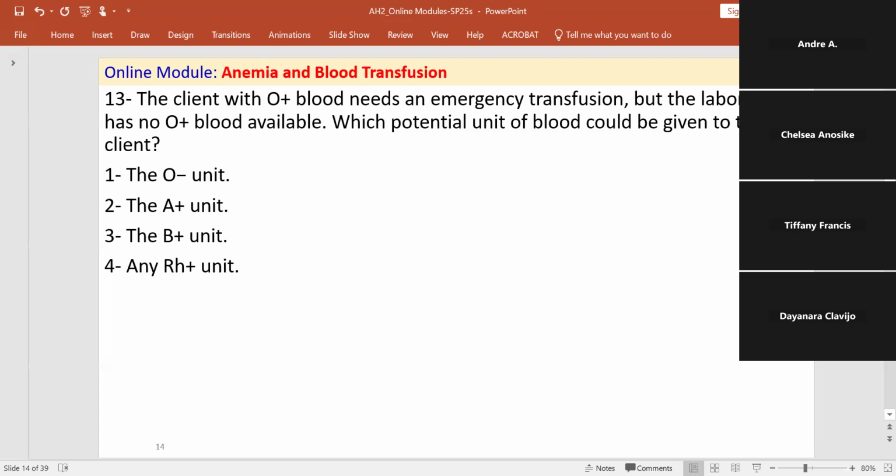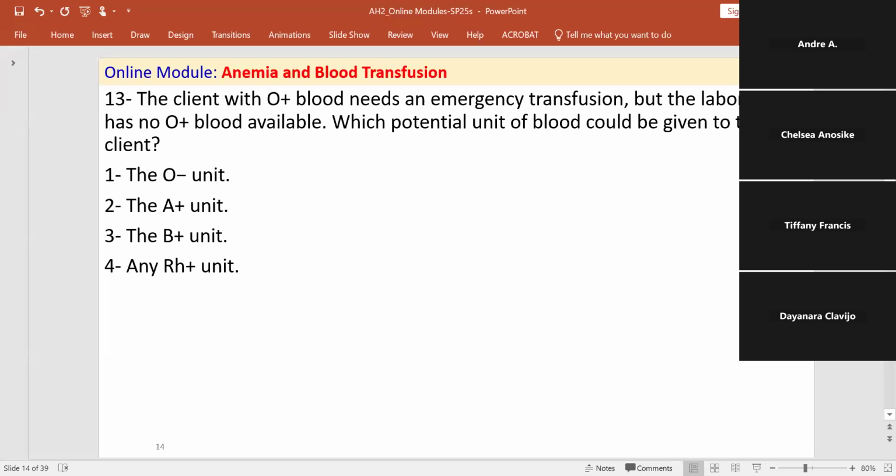So we didn't have an O positive. What would you give the patient, and it still will be a safe blood product to be transfused to that patient?